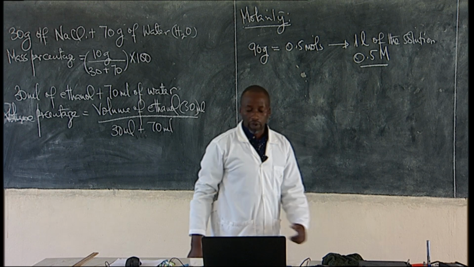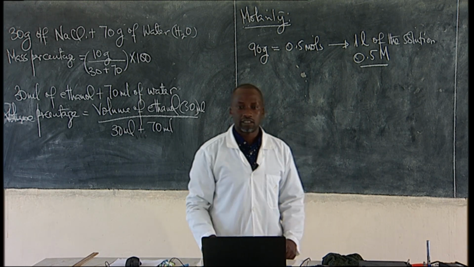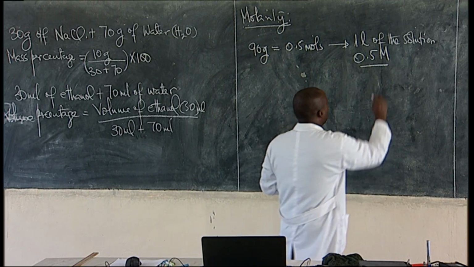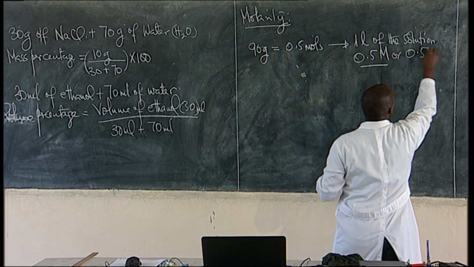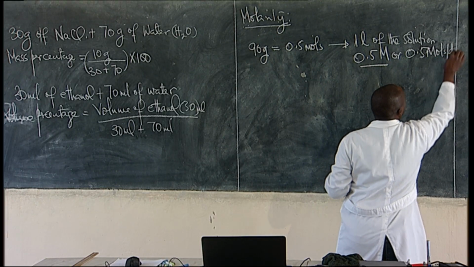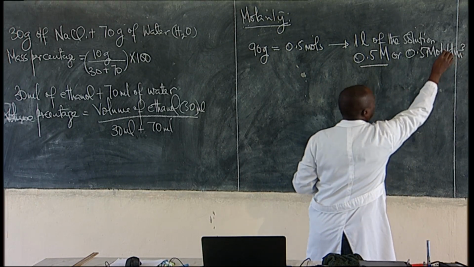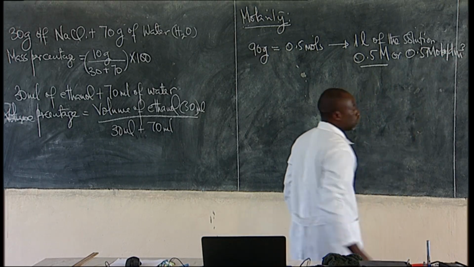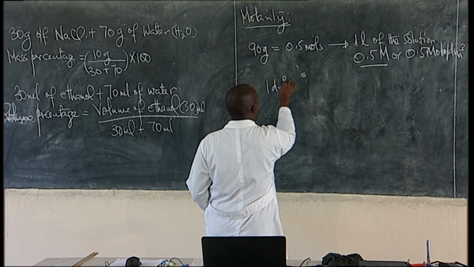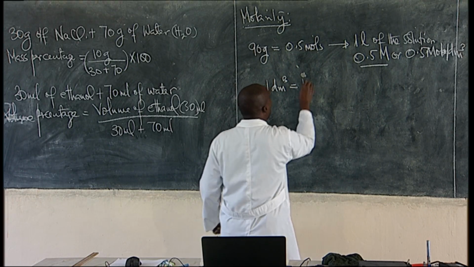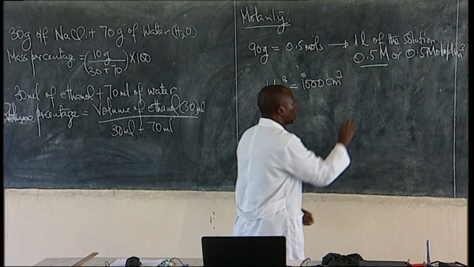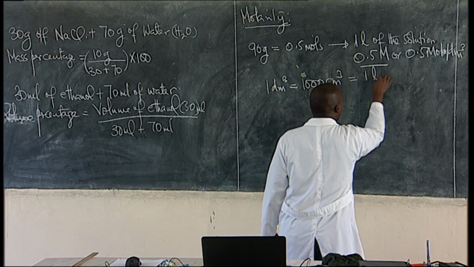Molarity is expressed with the capital letter M, or as 0.5 moles per decimeter cubed. Remember, 1 decimeter cubed is equal to 1,000 cubic centimeters, which is equal to 1 liter.